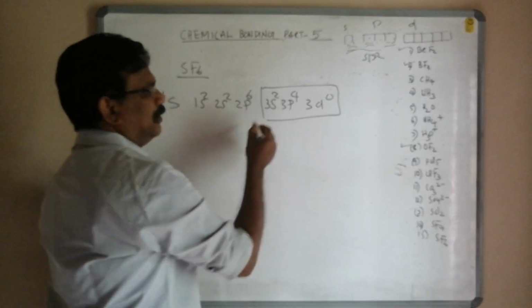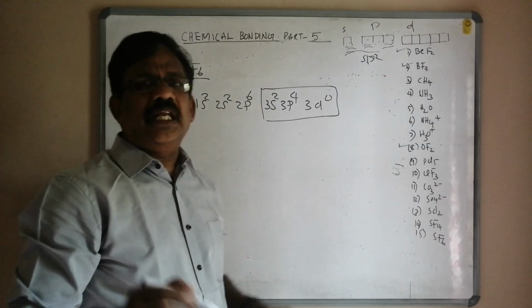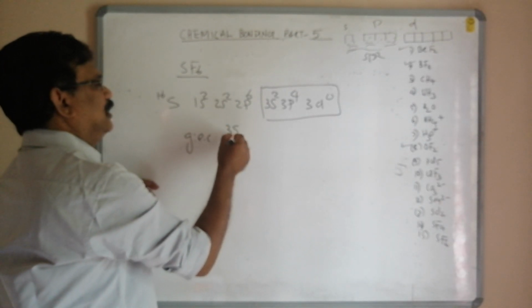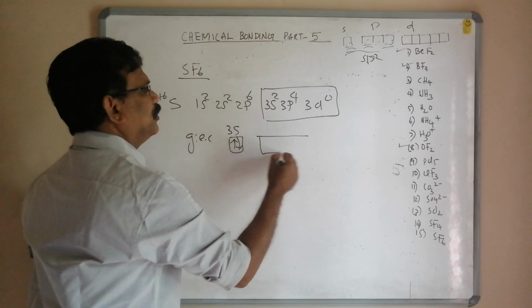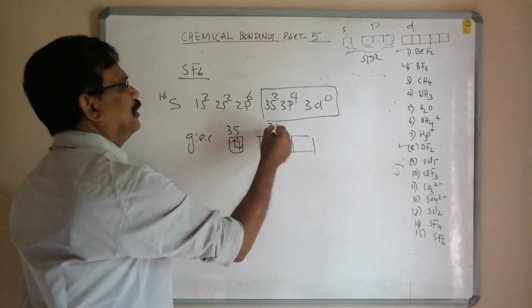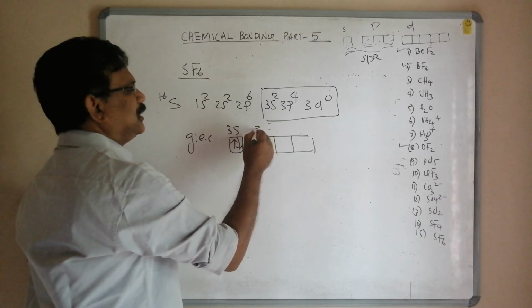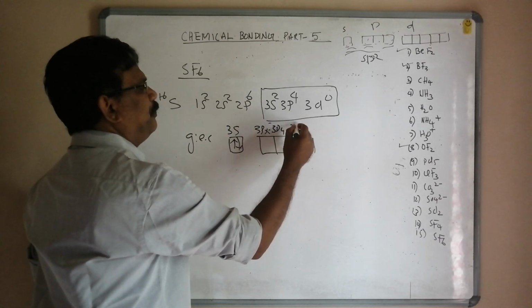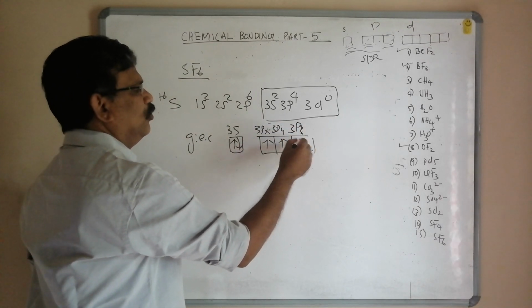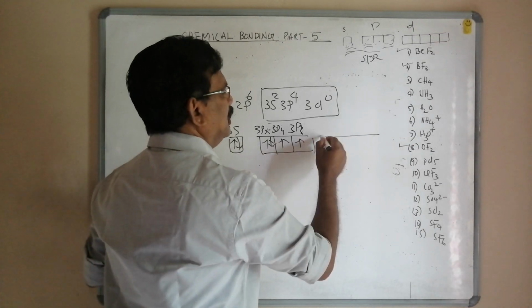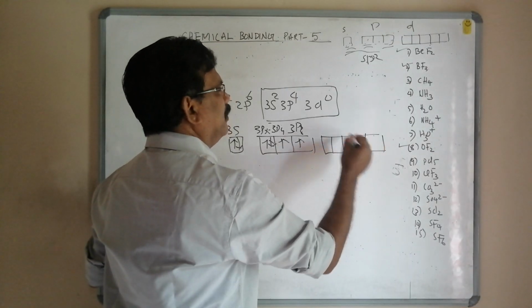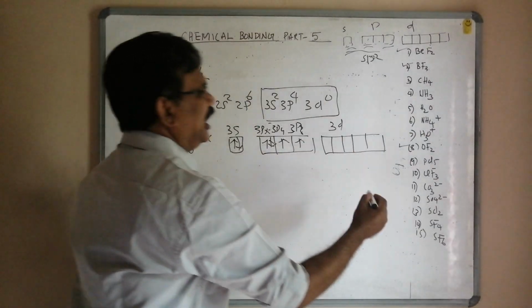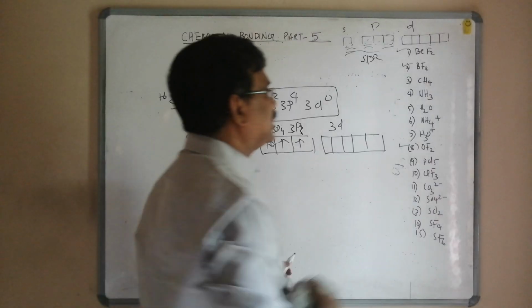This is the valence shell, and this electronic configuration is called the ground state electronic configuration. 3s2, 3p4 according to Hund's rule, 3px, 3py, 3pz, and the 3d orbitals, 1, 2, 3, 4 and 5, 3d0. In SF6, sulfur is hexavalent.